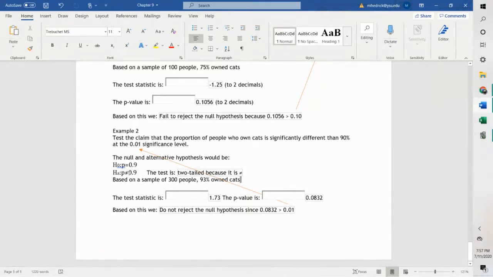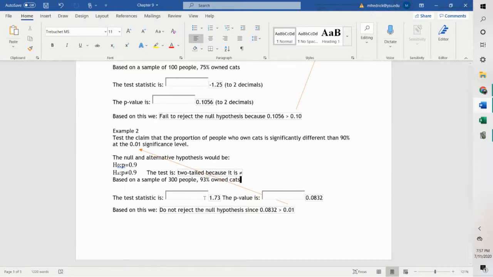So our null hypothesis is equal to the 90%, and alternative is not equal to. And you do write these in decimal form. Because this is not equal to, it is a two-tailed test, because we're talking about both ends of the normal curve. Now this one's based on a sample of 300 people, 93% own cats.